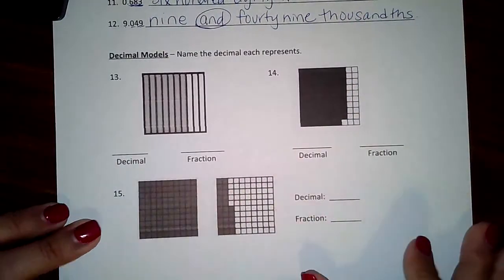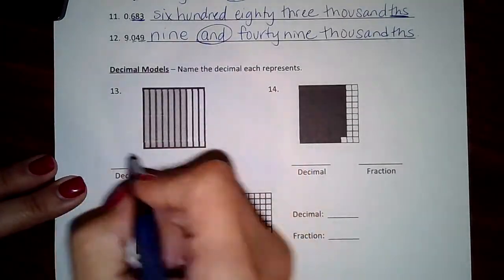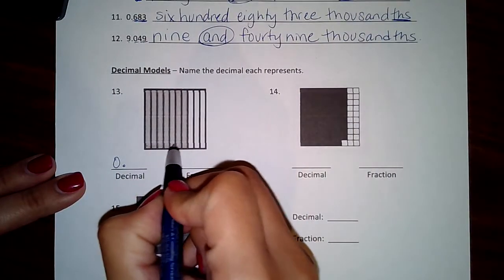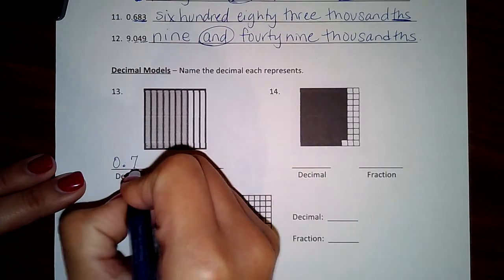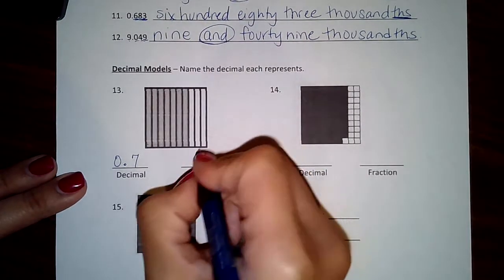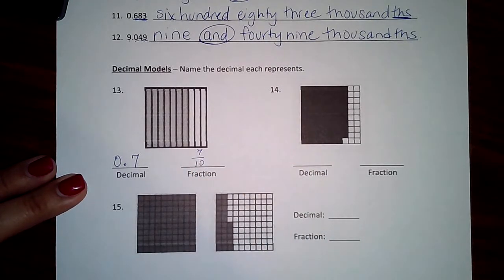This is the last part that we're going to do. Okay, here's the decimal. It has 0 whole numbers and it has 1, 2, 3, 4, 5, 6, 7 tenths. Okay, how do you write it as a fraction? Well, there's 7 shaded out of 10, 7 tenths.